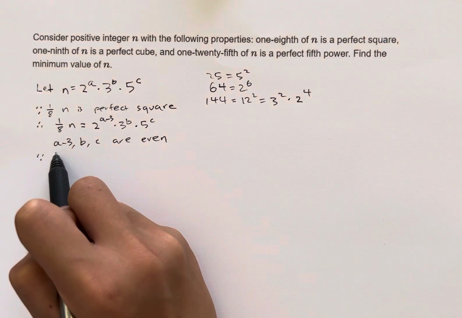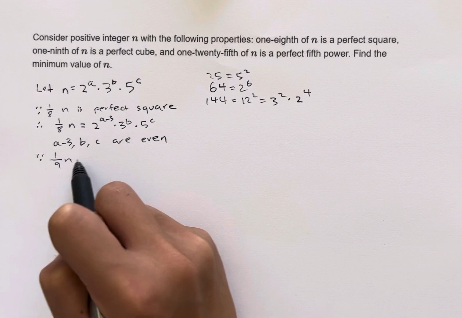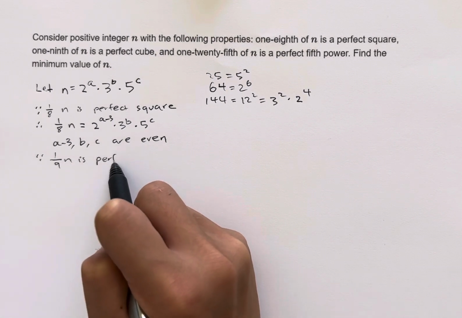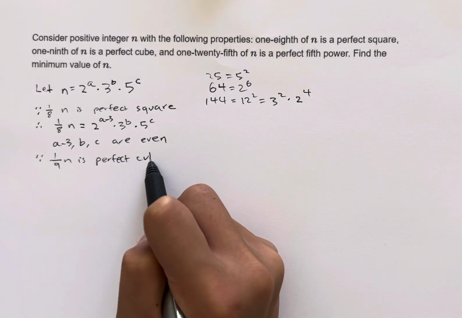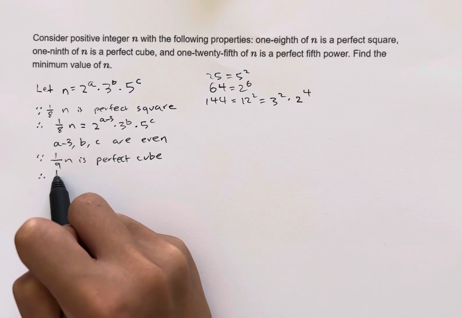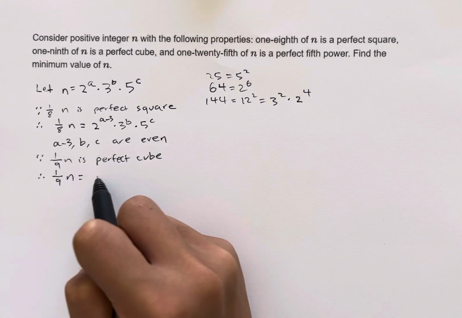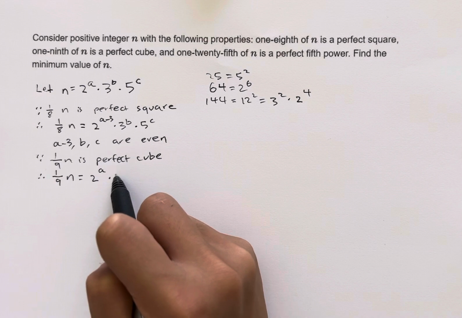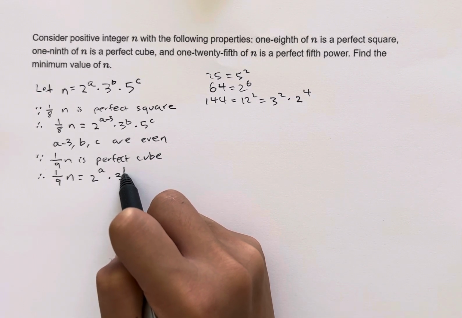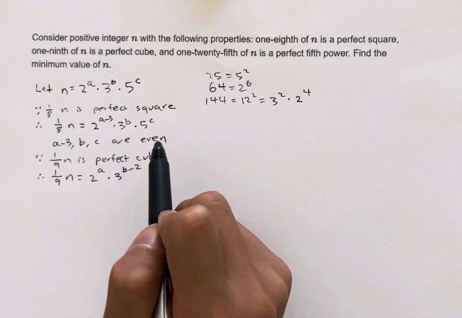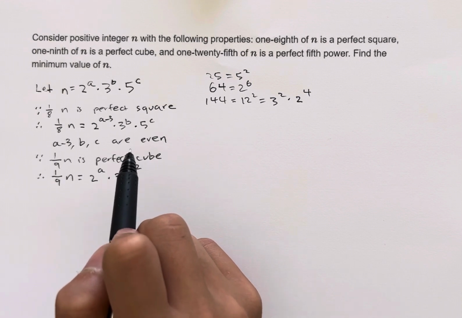Now, since 1/9 n is a perfect cube, we know that 1/9 n equals 2 to the power of a times 3 to the power of b minus 2, since 1/9 equals 3 to the power of negative 2.